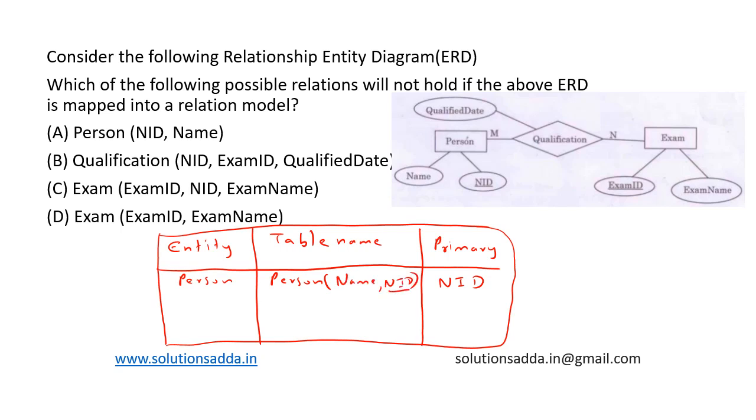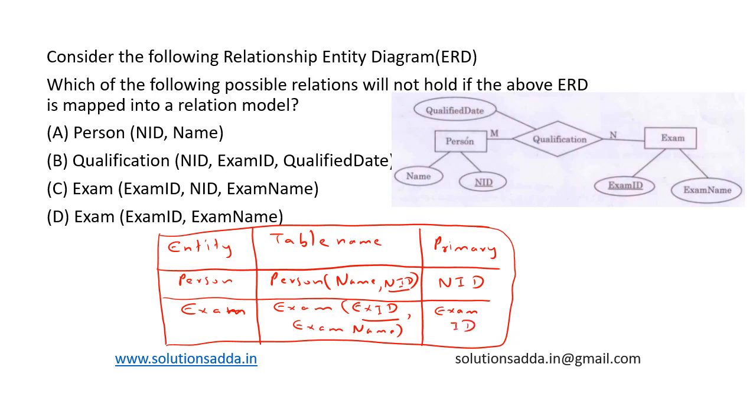Here NID is the primary key. Now the next one we will get is exam. For exam, the table name will be exam, and exam ID will be the primary key, and exam name will be another attribute.